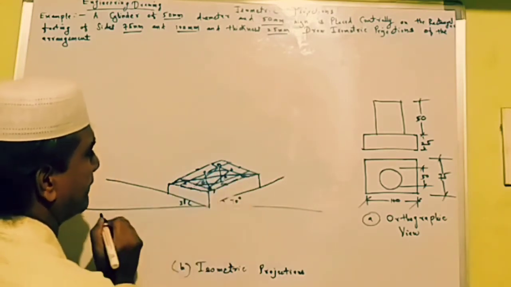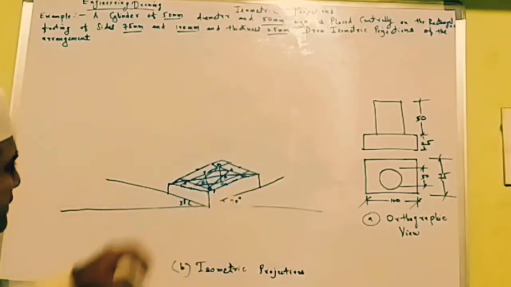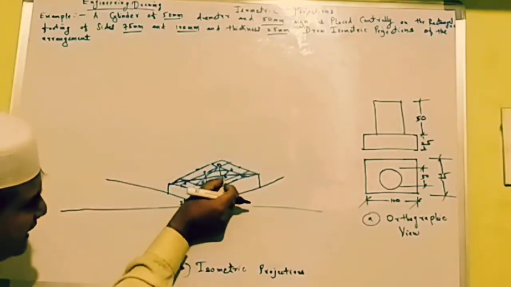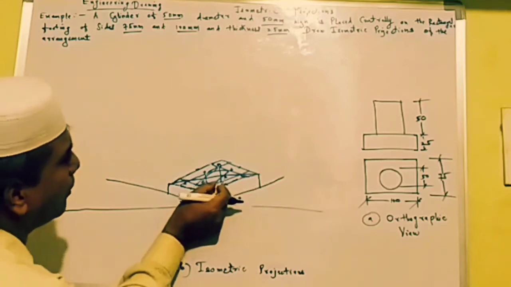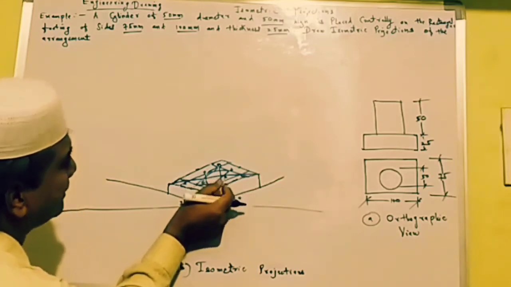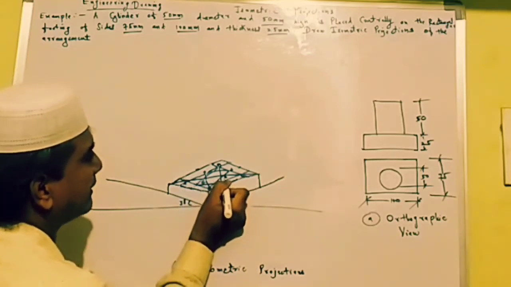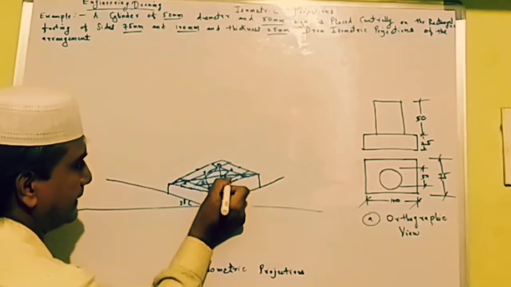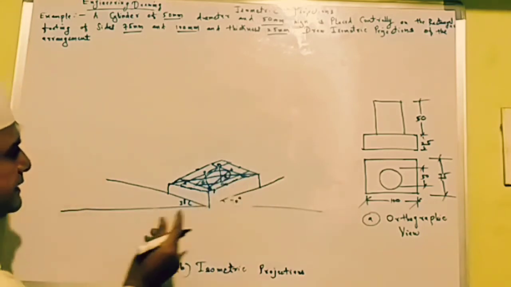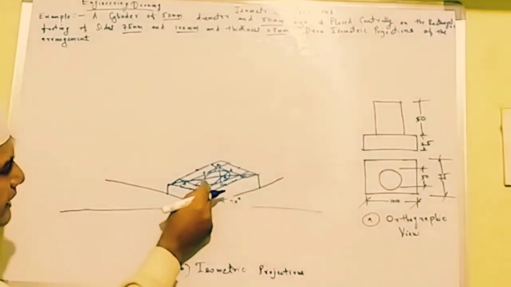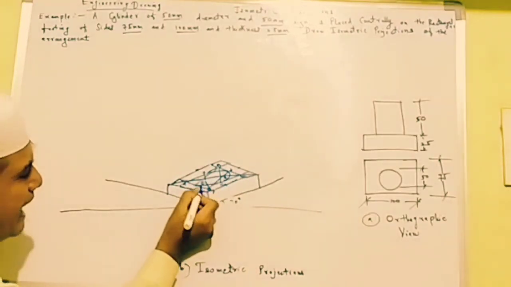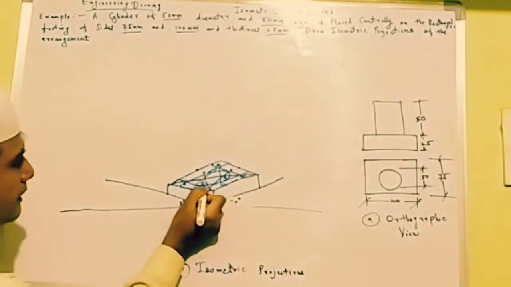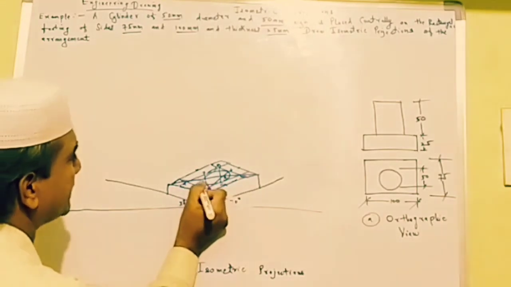Now with F as center and F2 as radius, draw arc 2, 3. With E as center and E1 as radius, draw arc 1, 4.